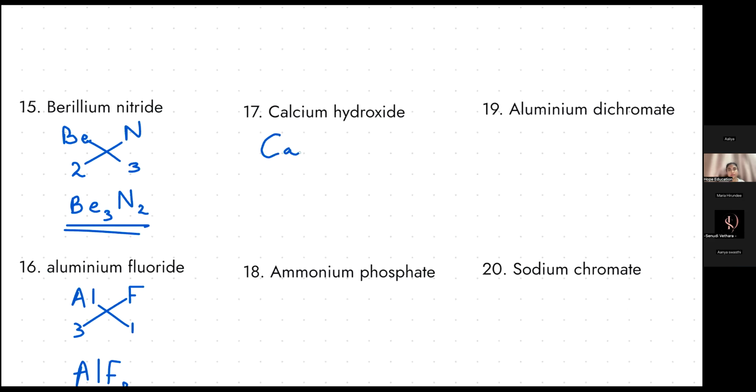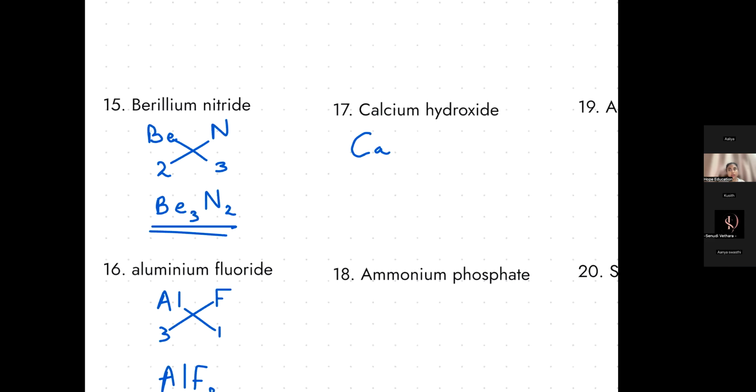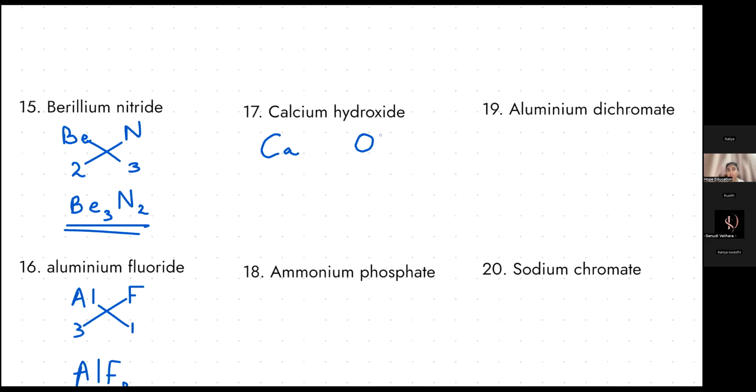OH. Yes, it's OH. If you remember in the polyatomic ions table, they have a charge. It's OH minus. So even when you're writing it here, write it as OH minus.